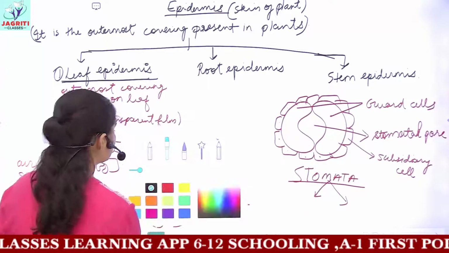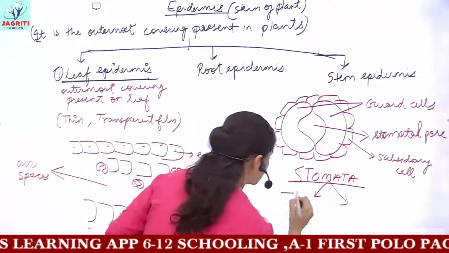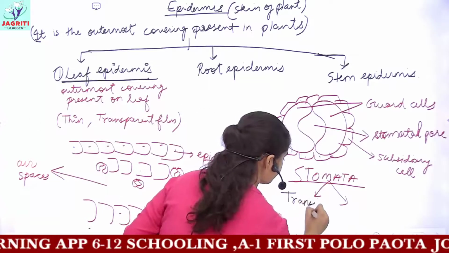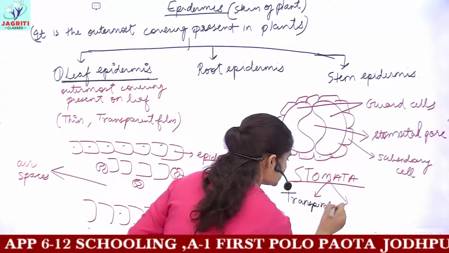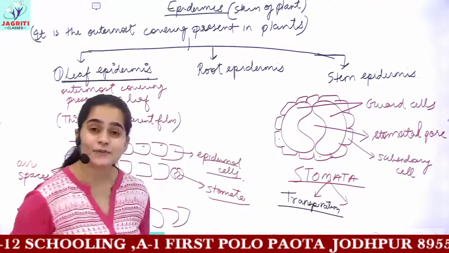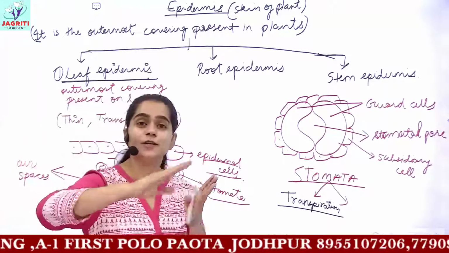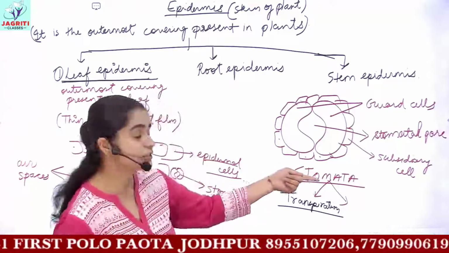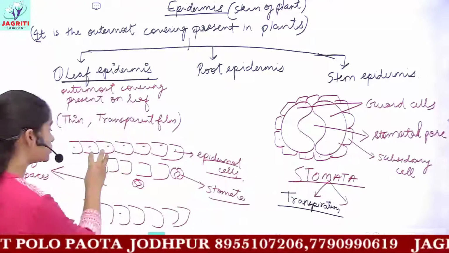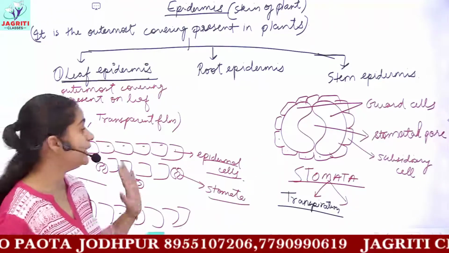The functions performed by stomata: the first function is transpiration. What is the process of transpiration? Transpiration is the process by which the plant loses excess water from its leaf through the stomata. Stomata are the tiny pores or holes present in your leaf epidermis.